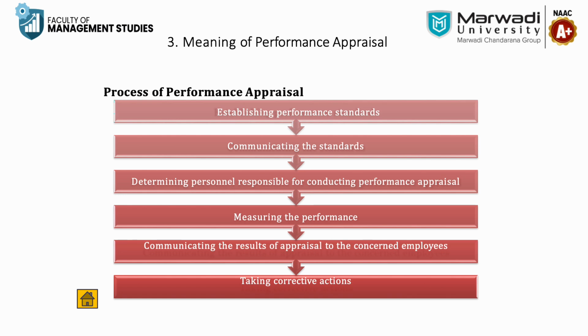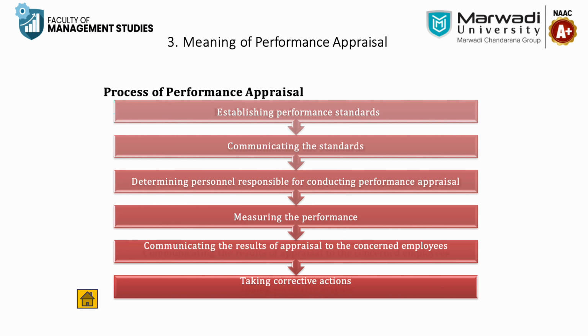Now next, what we are going to discuss is the process of performance appraisal. So how does performance appraisal go by in the company? First thing, establishing performance standards. It's always essential that before you start performance appraisal, at least some standard should be set, that this was expected from the employee to fulfill or to perform in a one year period of time or any particular period of time.